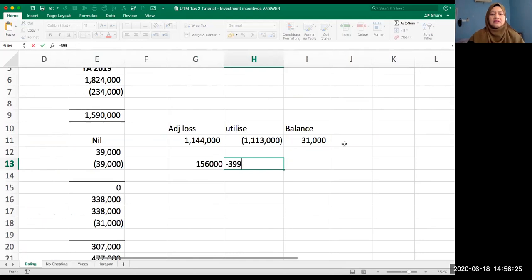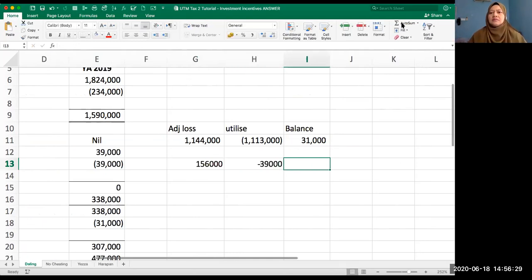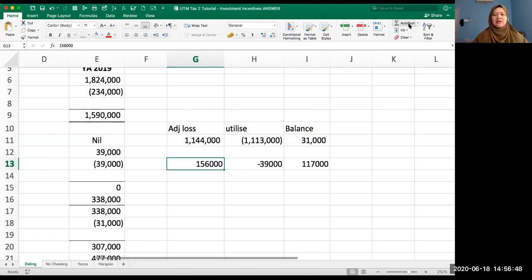How much do you get? 1, 2, 3? Is it 156? 117. 117, okay, that's right.